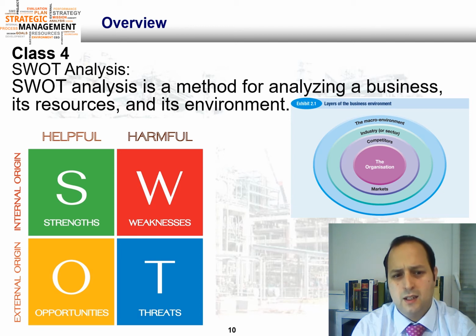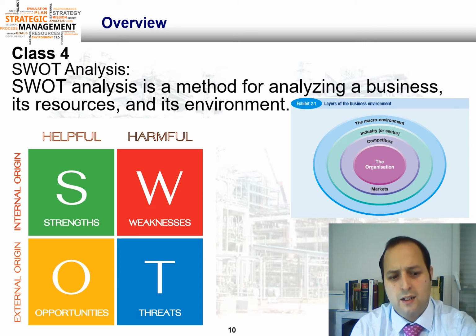SWOT analysis is a very important tool in strategic management for analyzing a business, its resources, and its environment. And it's divided into strengths, weaknesses, opportunities, and threats. As you may see, there are internal factors, strengths and weaknesses, and external factors, opportunities and threats.